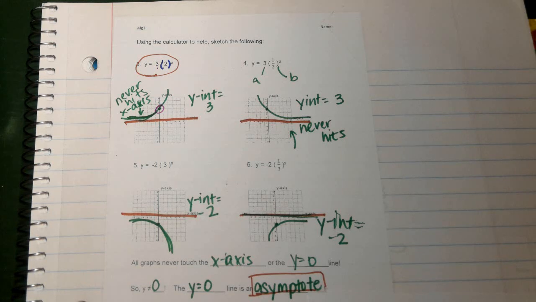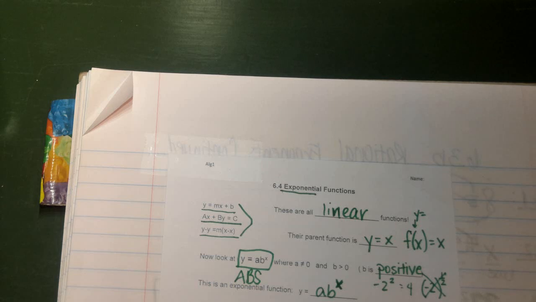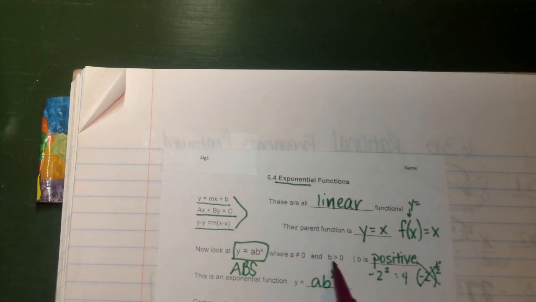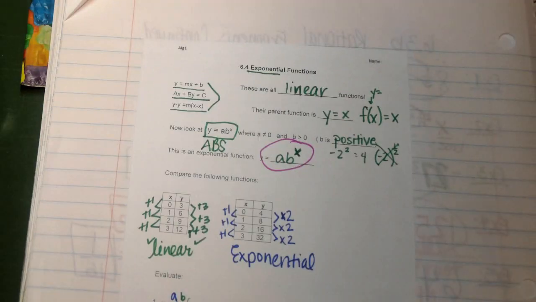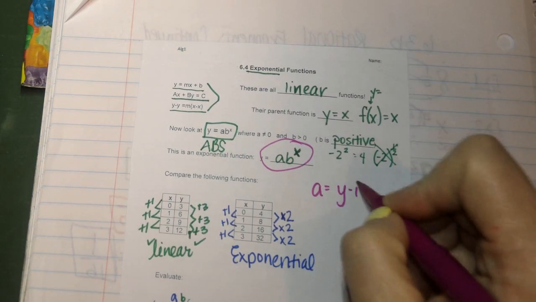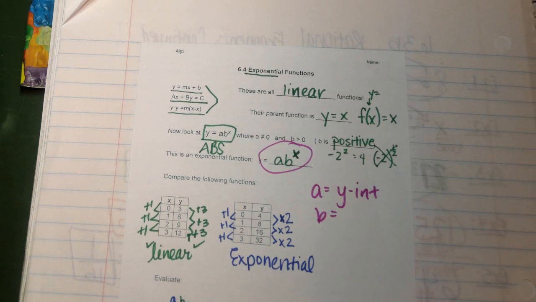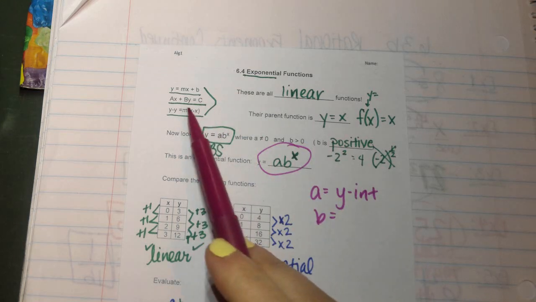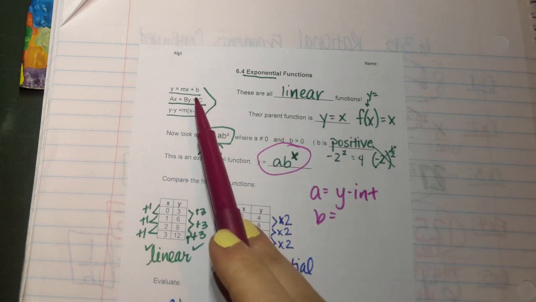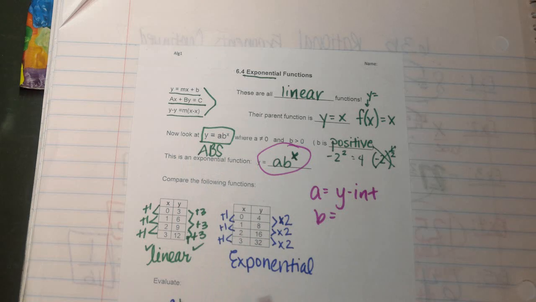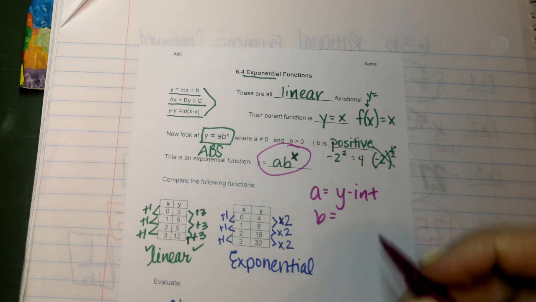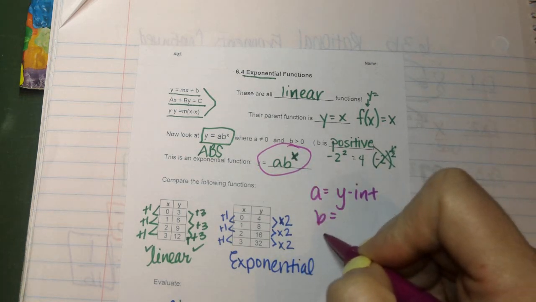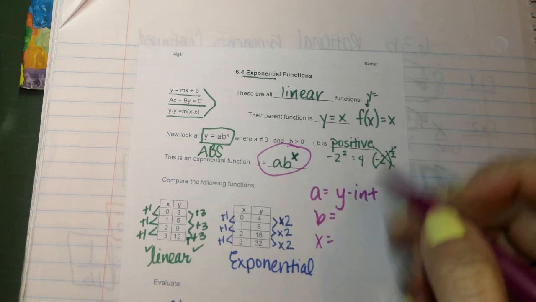So remember the parent function of an exponential function is a b to the x, okay? And your a is your y-intercept. Your b is the number in the parentheses that you're multiplying by, and then your x is, of course, the exponent.